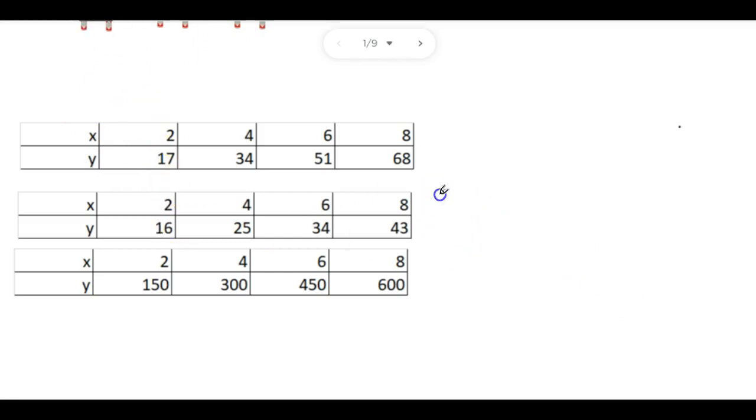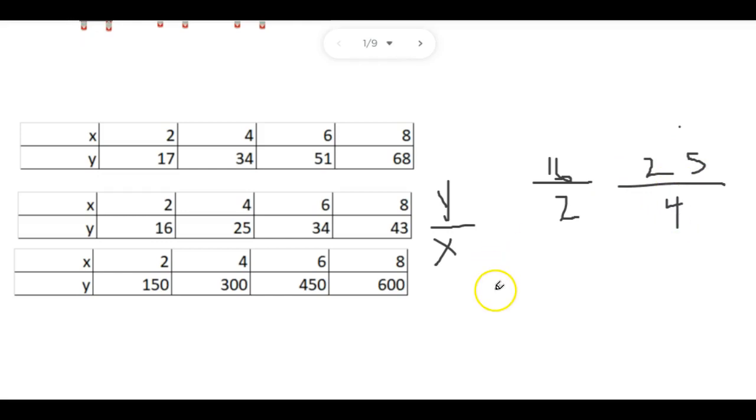So remember, we want to do y over x. And so we'll have 16 over 2 and 25 over 4. Then we have 34 over 6 and 43 over 8.